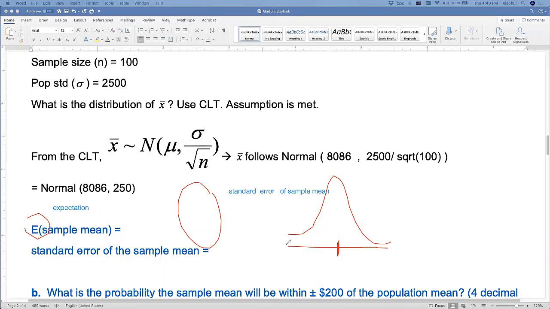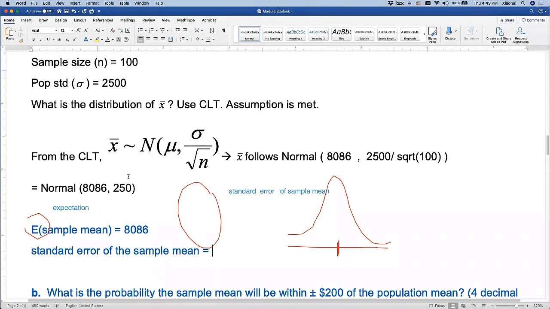8,086? Yes. The center of this bell curve for the expectation is just going to be 8,086. And the next one asks for the standard error of the sample mean, which we have already calculated.